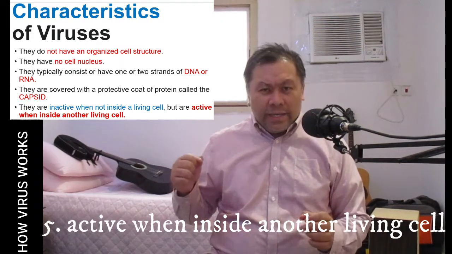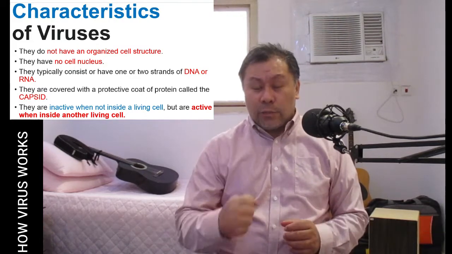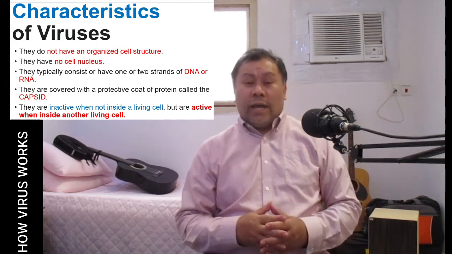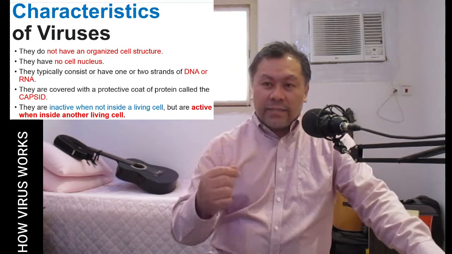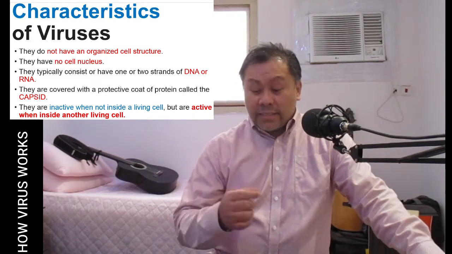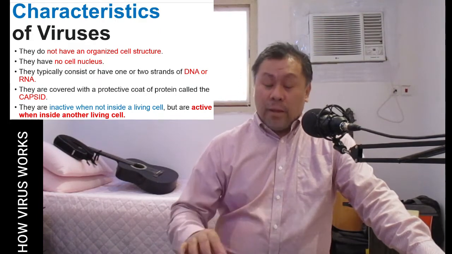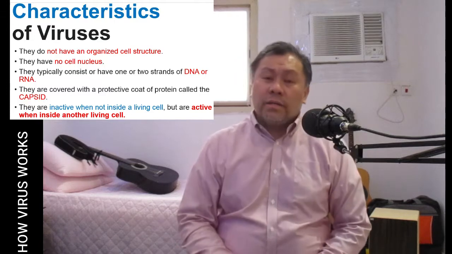So they want to invade and enter the cells of the human body, animals or living organisms, in order to become dormant or active. When inside another living cell, that's the time they replicate and multiply.